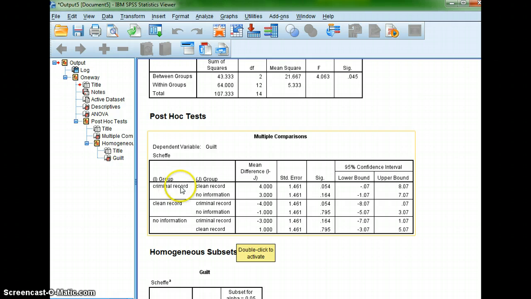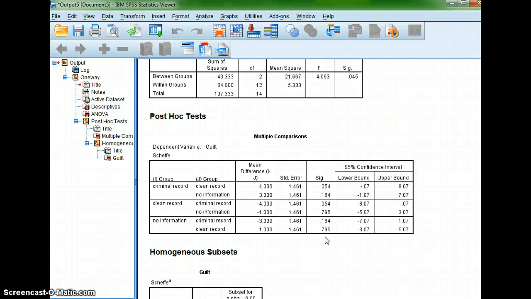A criminal record with no information has a significance level of 0.164, and then we have one last one to look at, which is the clean record and the no information group, excuse me, right here, I see it. And you can see that the significance level there is 0.795.